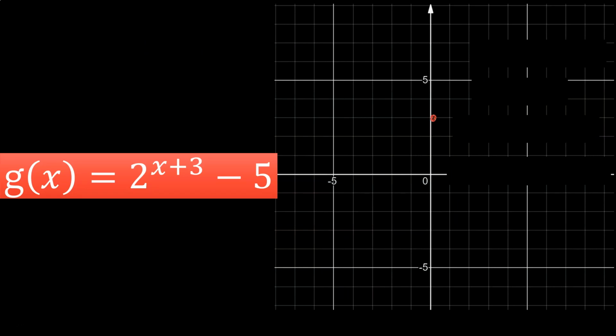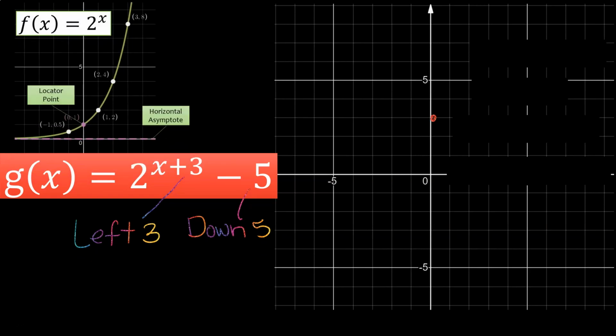All right, now let's go and graph this function that we have. Looks like the parent graph of 2 to the x is going to be moved to the left 3, down 5. So let's move left 3, down 5. When you move down 5, your new asymptote is going to be at negative 5, and then you move left 3. That gives you that new origin there, but it's not the locator point. The locator point is right at the origin, go up 1, because anything to the 0 power is 1, right?